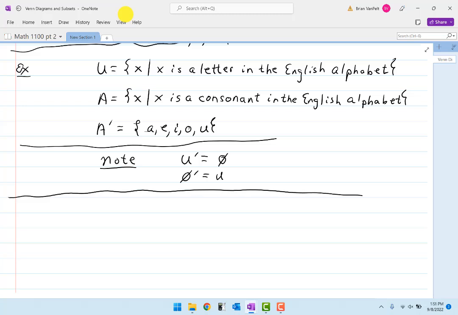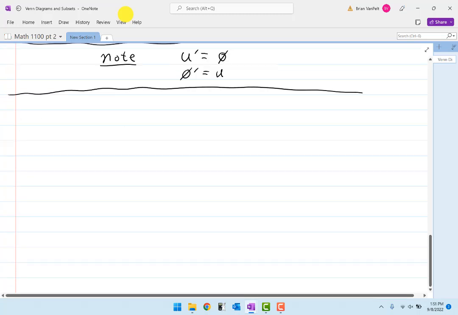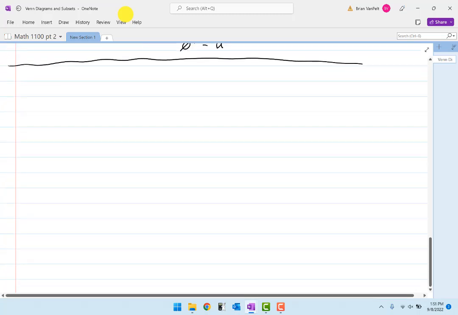Now, we've talked about subsets before a little bit, but let me write it in more detail than I did in the past.